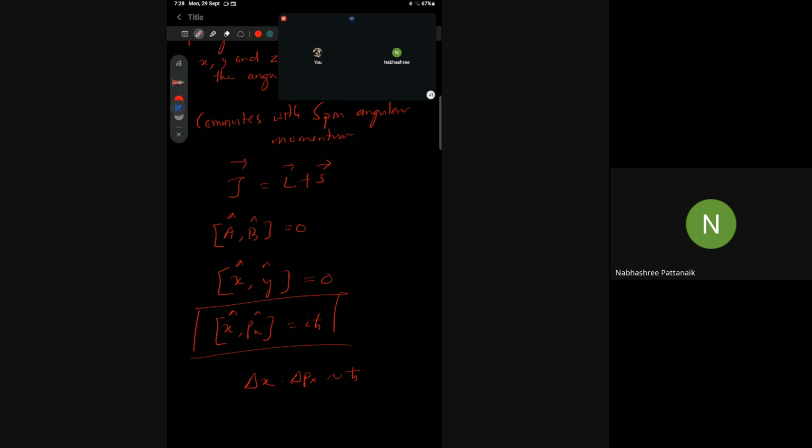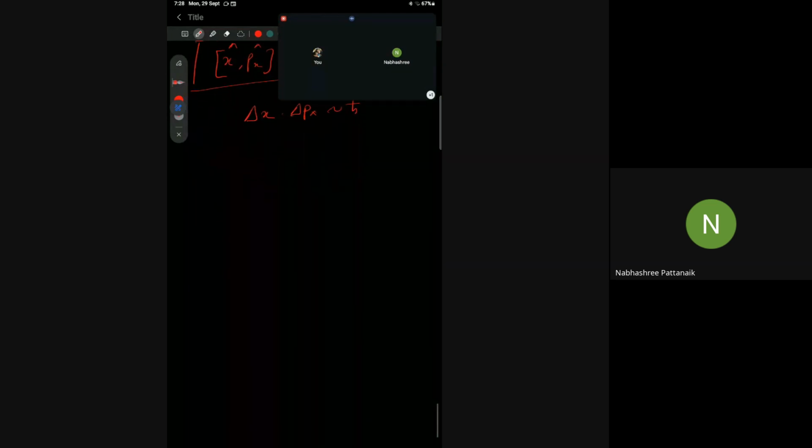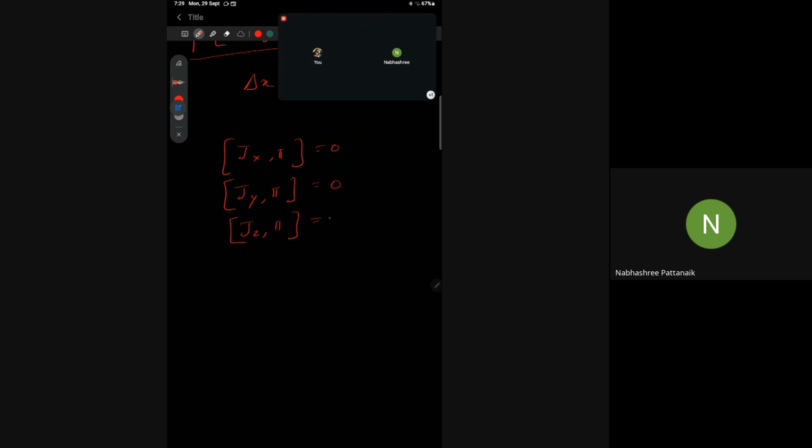Getting my point? So if the commutator is 0, those two physical quantities can be determined simultaneously. Now what exactly we are getting from the parity operation is that [Jx, pi] commutator is equal to 0, [Jy, pi] commutator is equal to 0, [Jz, pi] commutator is equal to 0.